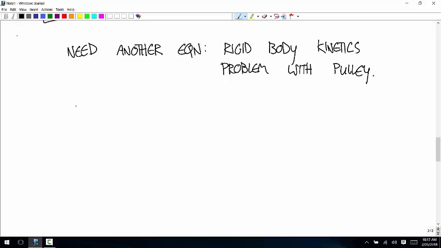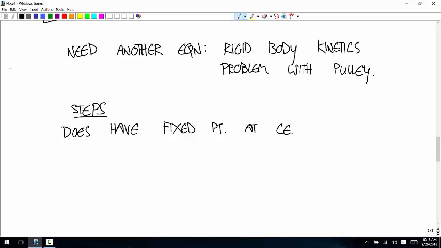We'll go through the steps. First, you have to decide whether the body you're dealing with has a fixed point or not. Does it in this case? What's the fixed point? The center. Yep, so it does have a fixed point at the center. So the about point is the center.